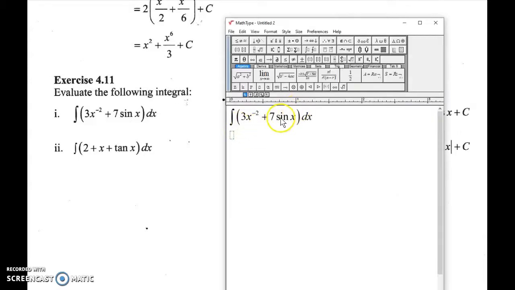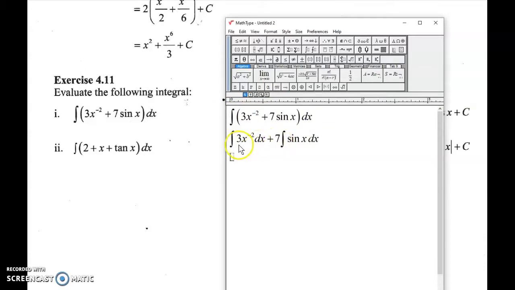For this question, it is actually the summation between two functions, so we can split it up first. After splitting it up, we see that we have a constant here. We can pull it out, and after that we can proceed with the integration.